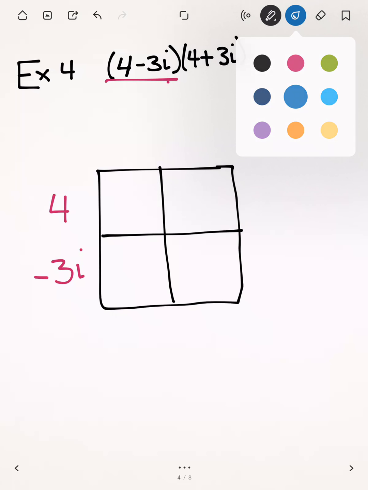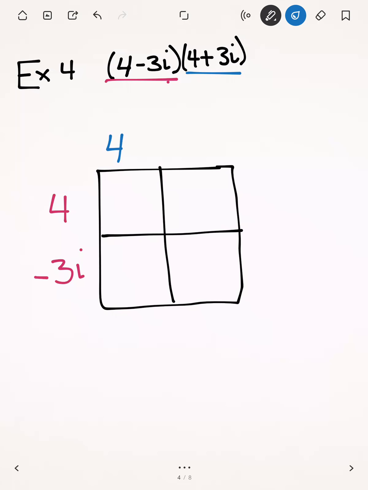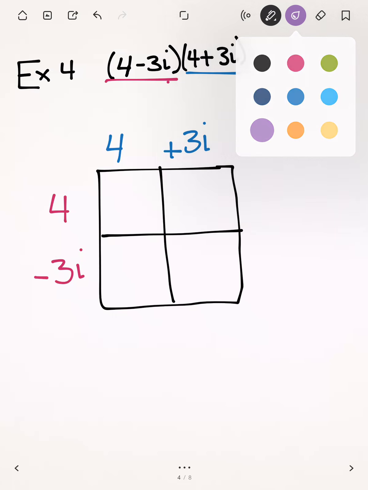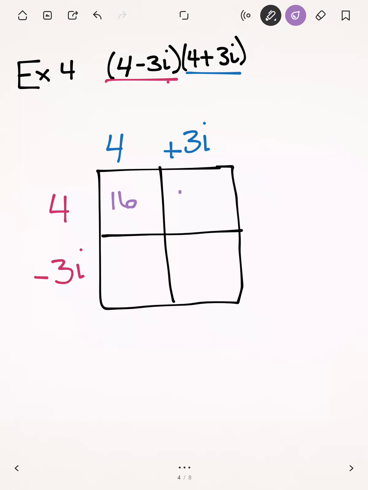I write my second binomial on the top, 4 plus 3i. And I just multiply it out. 4 times 4 is 16. 4 times 3i is 12i. -3i times 4 is a -12i. -3i times a +3i is a -9i squared.